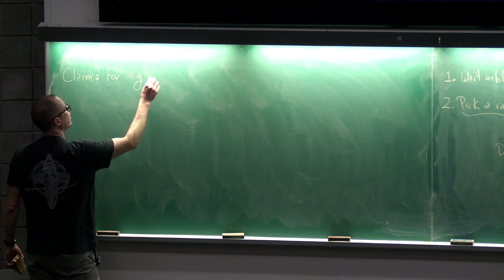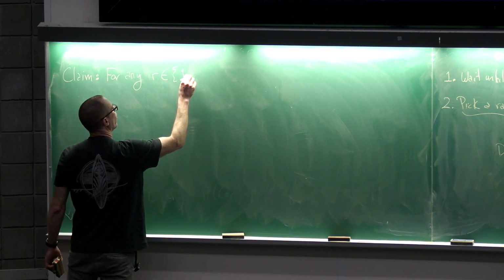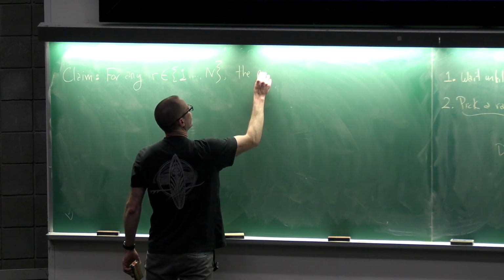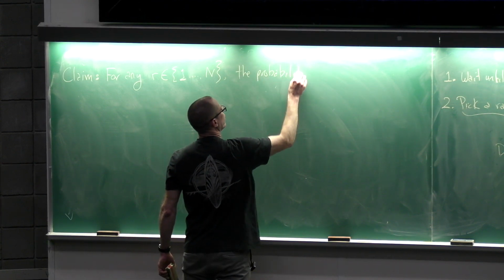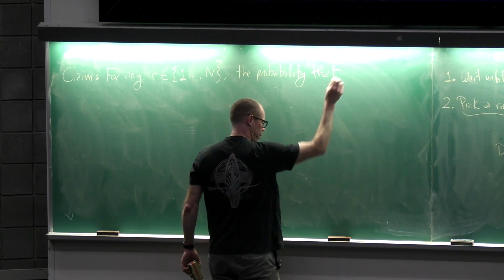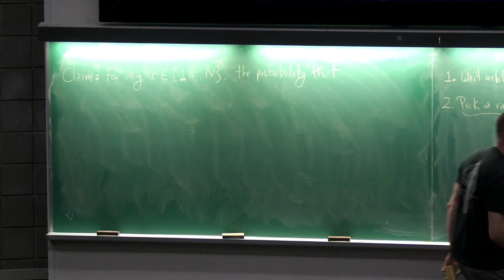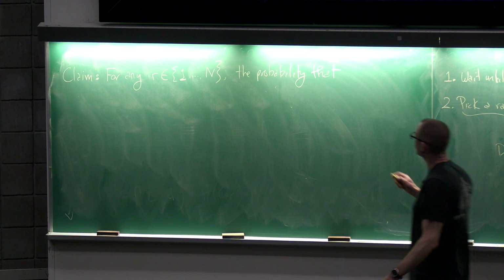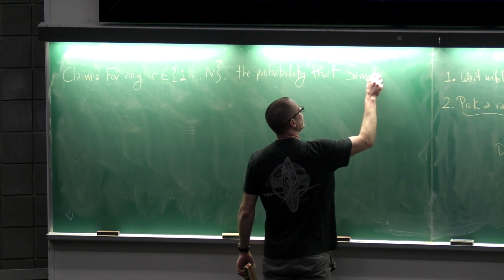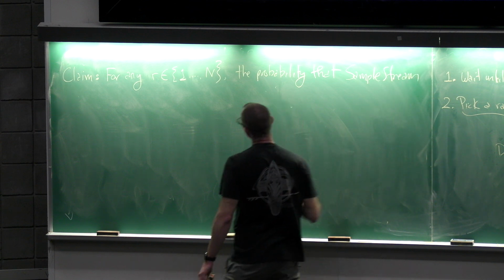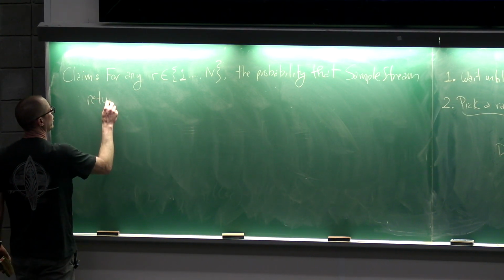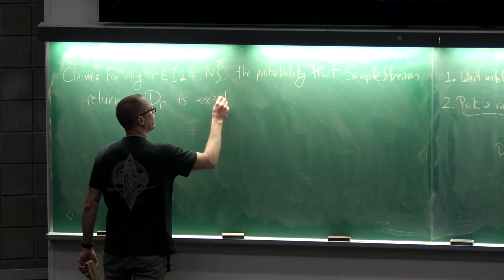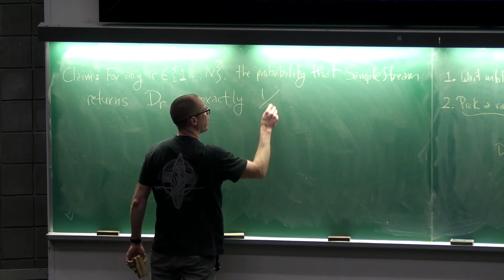Is that for any r in 1 to n, the probability that sample stream returns dr is exactly 1 over n.